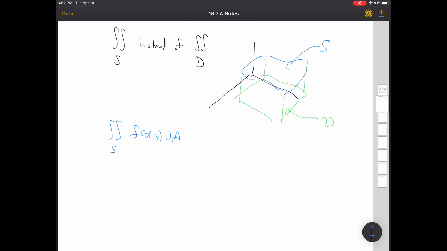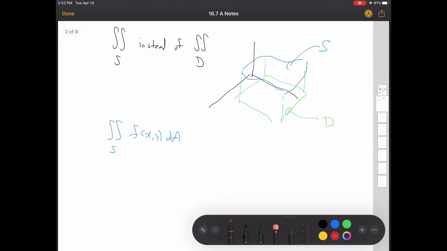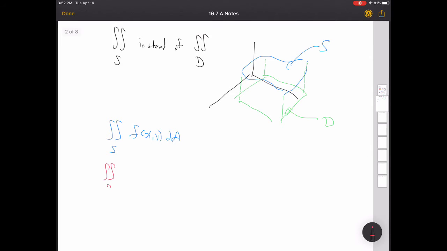So the whole idea is, and I'm going to rewrite this with a third variable now, if I were to take a double integral over S of f of x, y, z, because x, y, and z are going to be part of the surface. Normally, if I gave you some f of x, y, you would say x is 2 and y is 3, and then we would get the value up here on the surface.